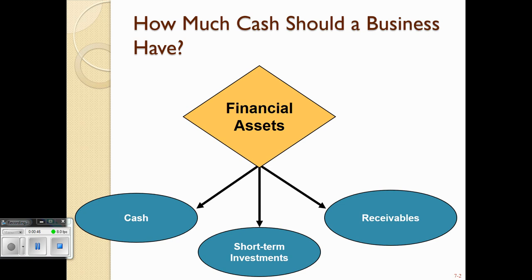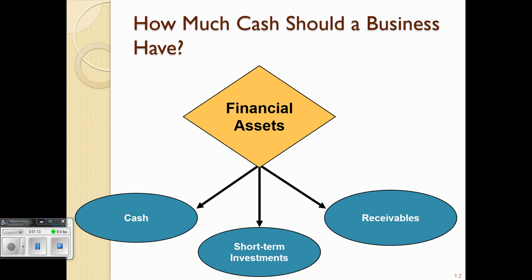So we're going to start off with the assets and cash and marketable securities and some of those things that can be turned quickly into cash. And the question always is, how much cash should a business have? And the answer is enough, but not too much. You need enough to pay your bills, but if you have too much cash, cash does not earn any rate of return to speak of.